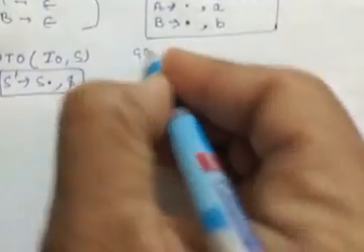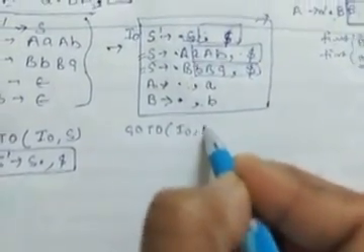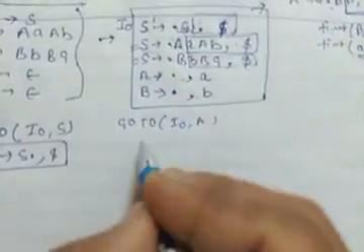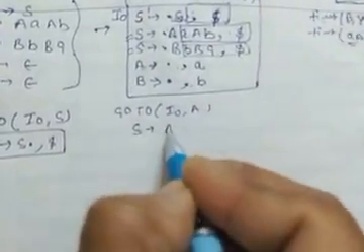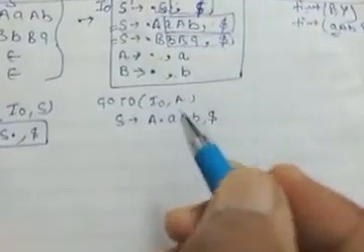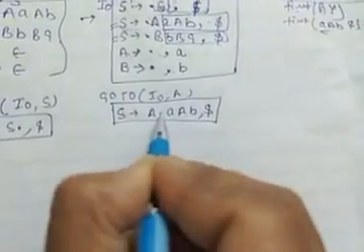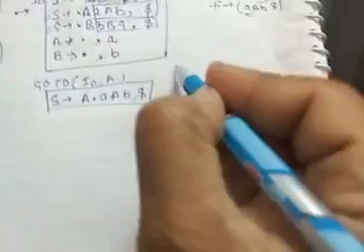Now we will find the go to I0 of A. It will become S to A dot AB comma dollar. Clear? As there is a terminal after dot, we will not write the other production.